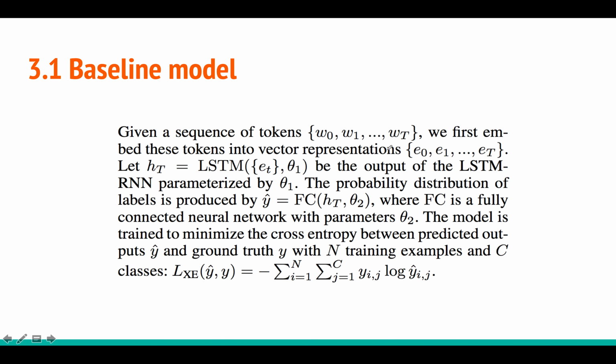So the baseline model is a very simple model. You have an LSTM which takes a sequence of embeddings. These embeddings are GloVe embeddings for every word, and you have a number of capital T words, and you tap out the final hidden representation of the LSTM.